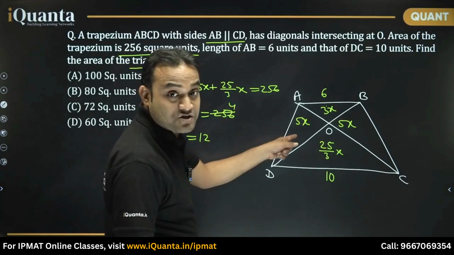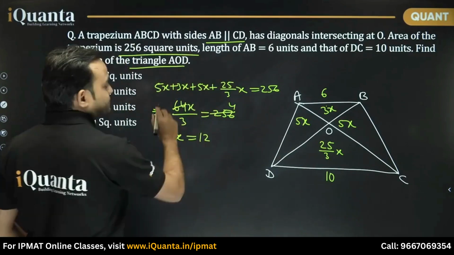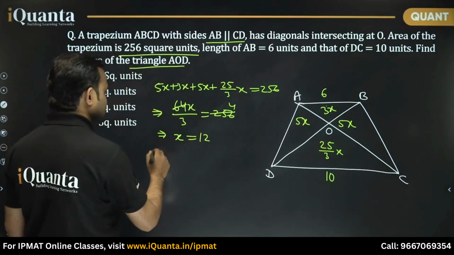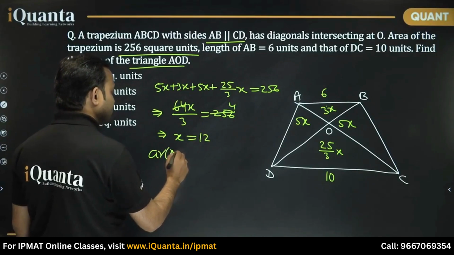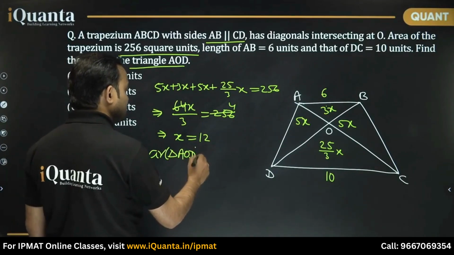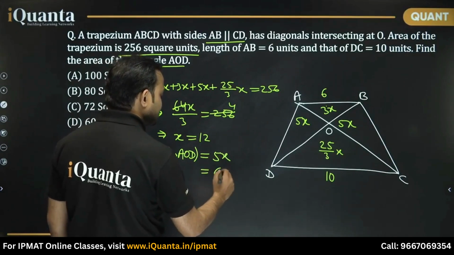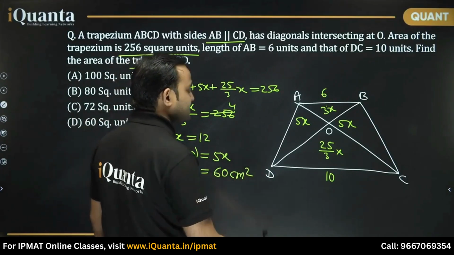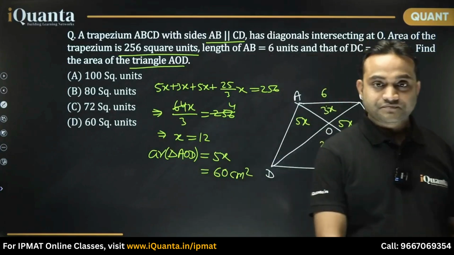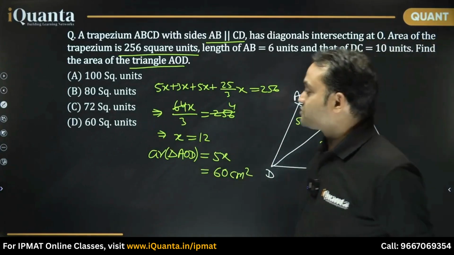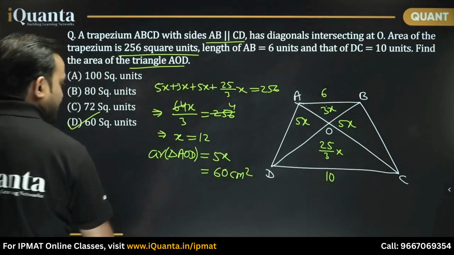If x is 12, we need to find the area of triangle AOD, which is equal to 5x. If I put the value of x, it will be 60 centimeter square. All right. So our answer is option D.